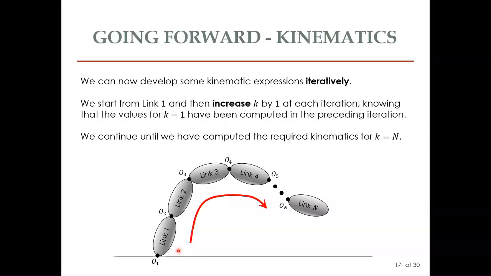R01GK. Remember, O1 is a fixed point on the ground, and GK is the center of mass of link K, and this is double dot. So this is the absolute linear acceleration of link K. We will directly use this one times mk to construct the linear Newton-Euler equation for link K. And these ones we will use for the angular part.